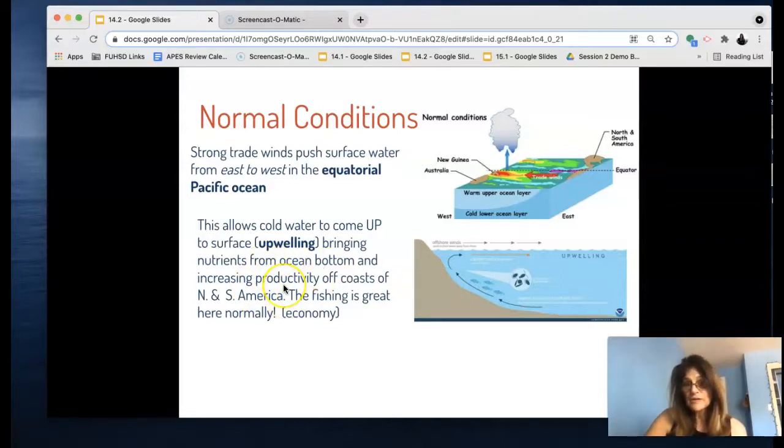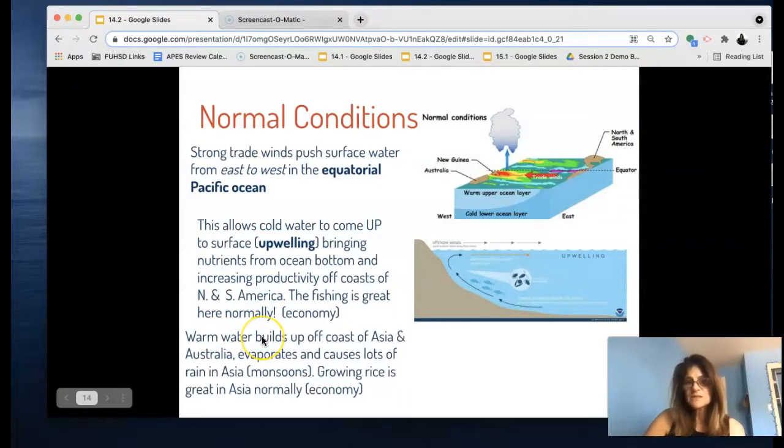Well, those nutrients will be wonderful for photosynthetic aquatic plants and therefore promote a lot of productivity in the entire food web in these areas. And that's why in normal years, the fishing is really great. And a lot of the economy, especially off the coast of South and Central America, is based on fishing.